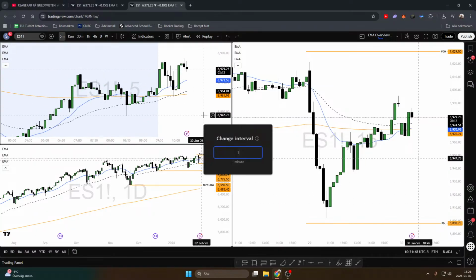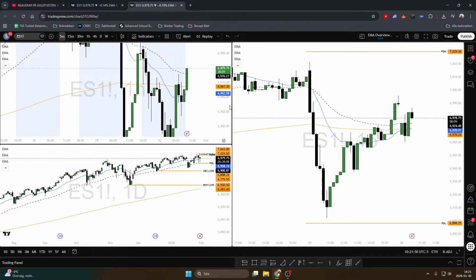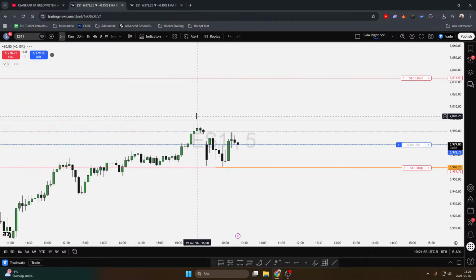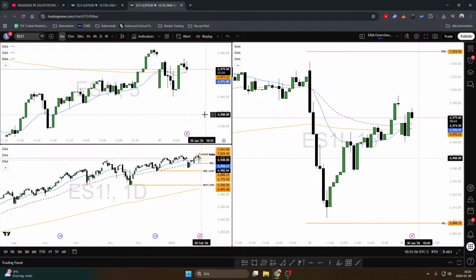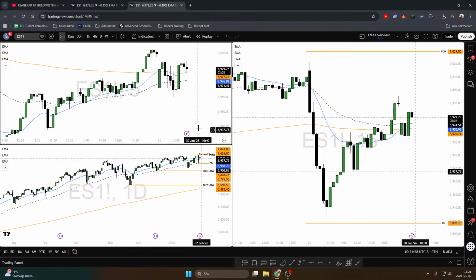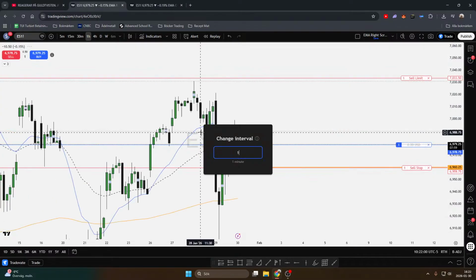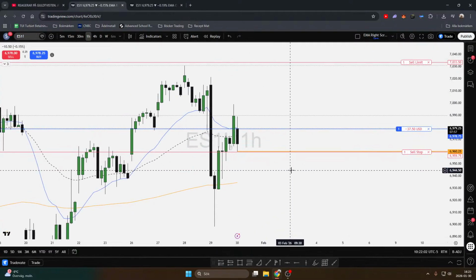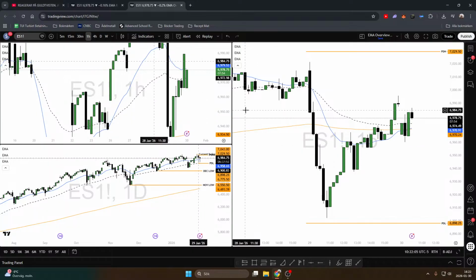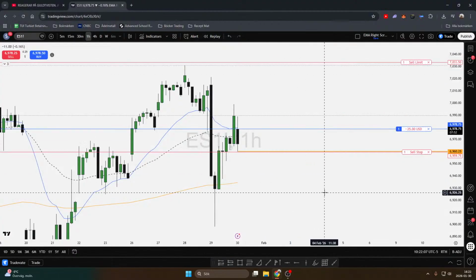They're not looking the same. Here when we look at the 1 hour it looks like that. Here it's just weird. I'm not sure if this setup is gonna happen today.